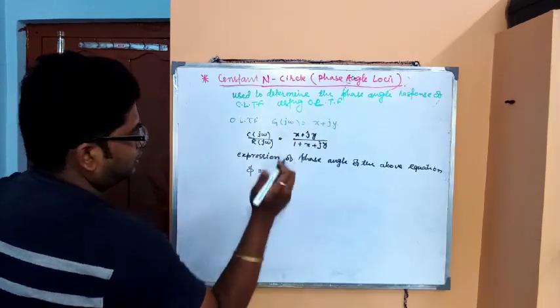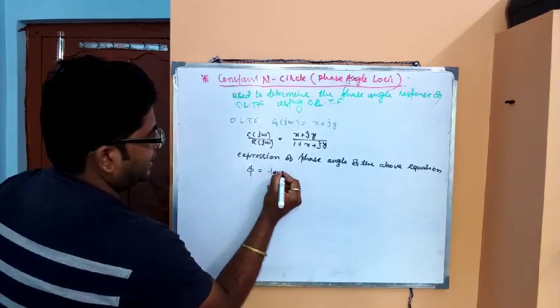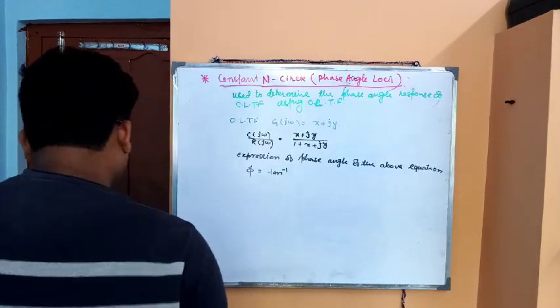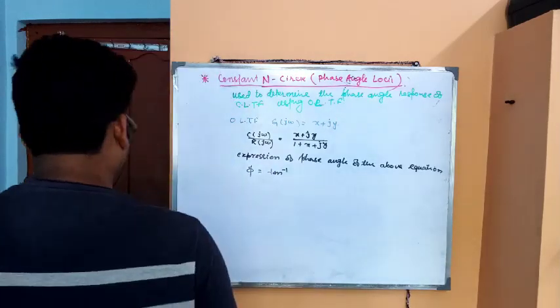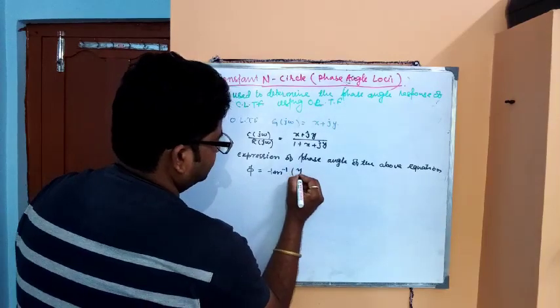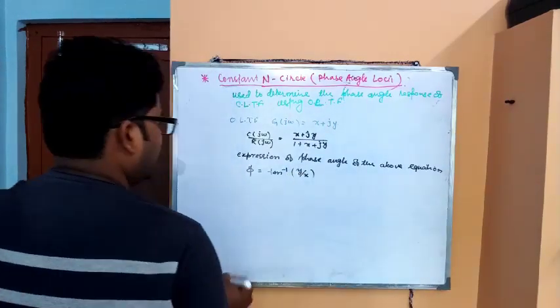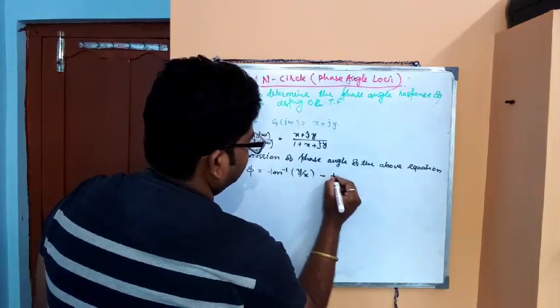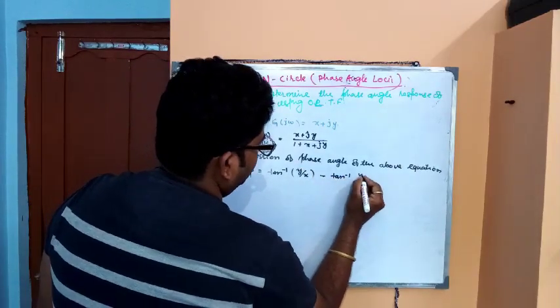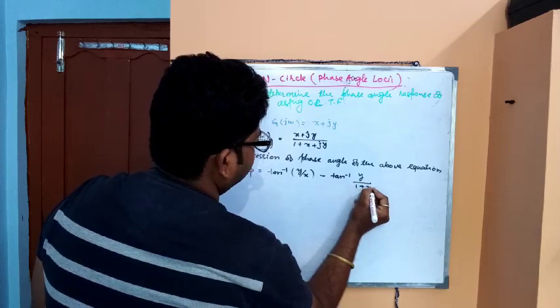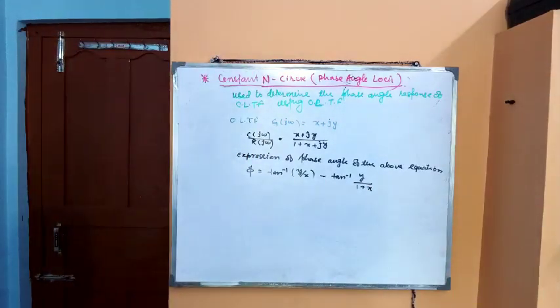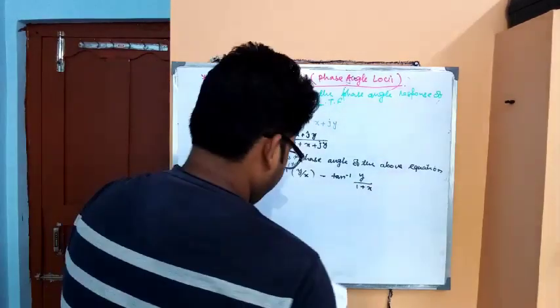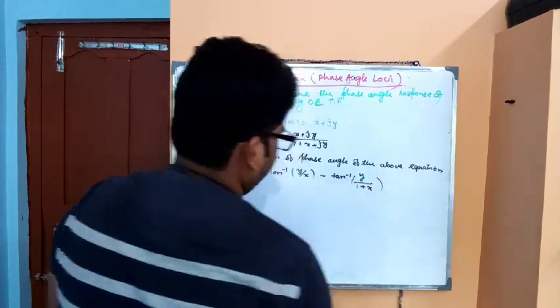For the numerator it should be plus, so tan inverse of b by a, that means y by x. Okay, and for the denominator, minus tan inverse of y by (1 plus x). This is the expression of phase angle.